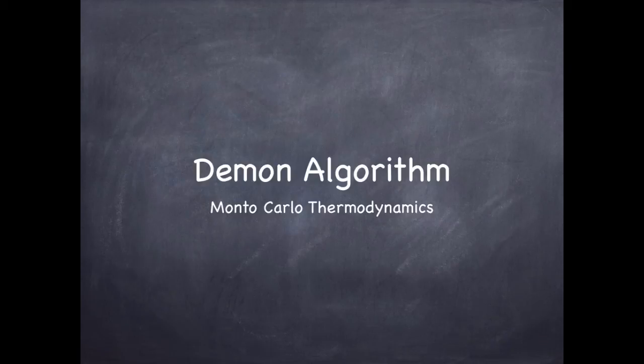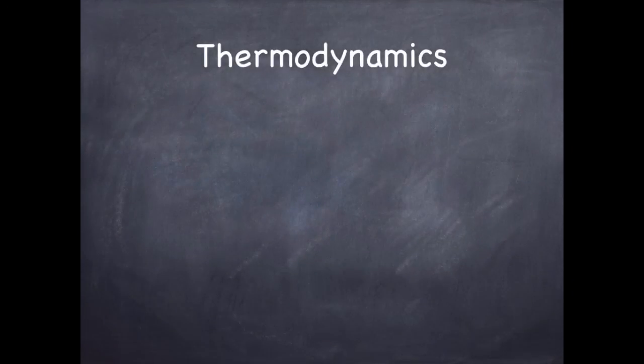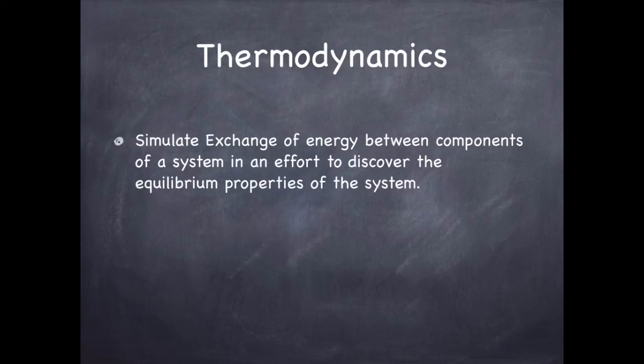Demon algorithm. And why would we be interested in such an algorithm? Well, the idea is we're trying to do thermodynamics, and one of the interesting things about doing thermodynamics is studying equilibrium. So in order to reach equilibrium, a system needs some mechanism for exchanging energy between its various components.